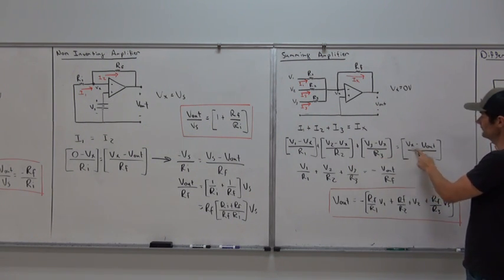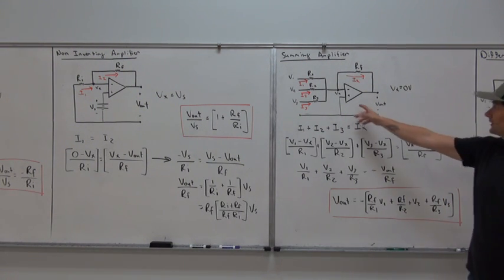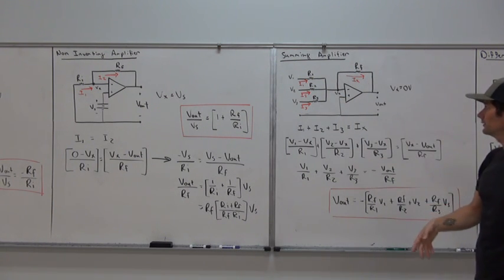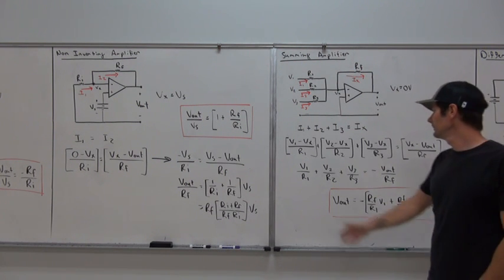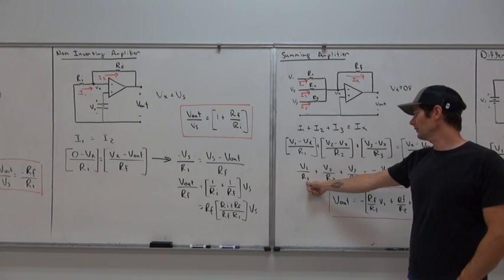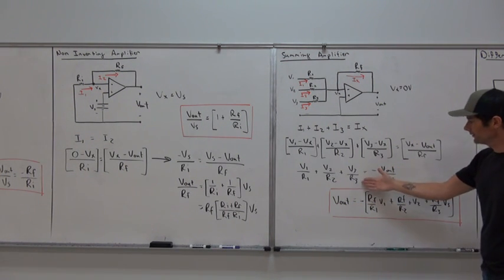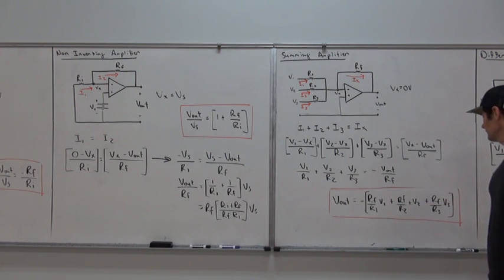And that's just equal to (Vx minus Vout) divided by RF. But because we tied the positive terminal down to ground, Vx is just equal to 0. And then we get a very, very simplistic equation here: V1 divided by R1 plus V2 divided by R2 plus V3 divided by R3, and that's equal to minus Vout over RF.